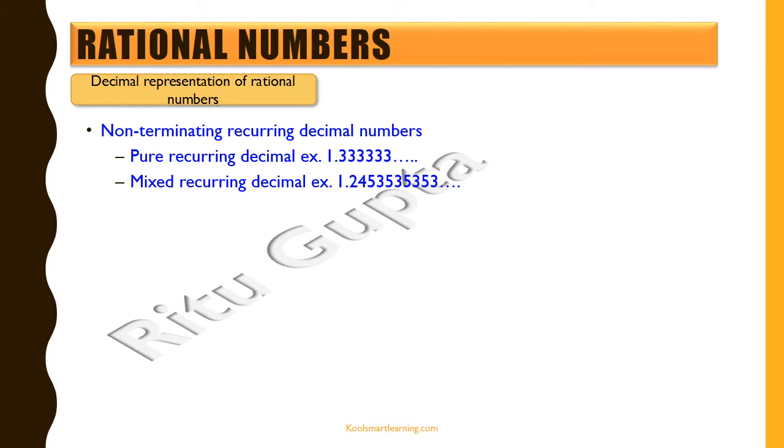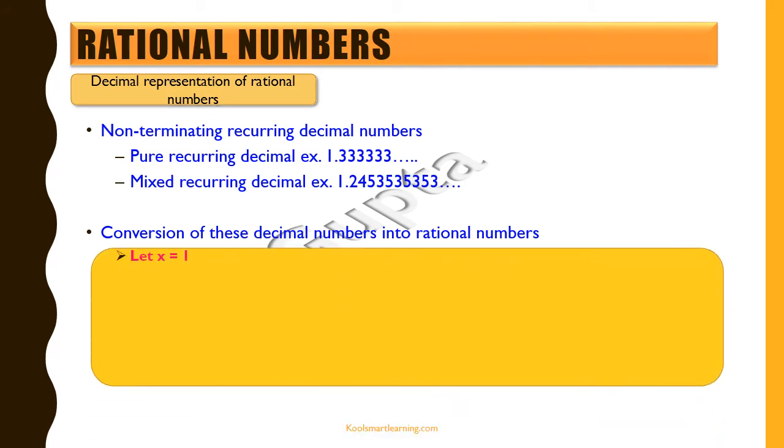Now let's try and understand why these two types of non-terminating recurring decimal numbers are also a part of the rational numbers. Let's try and understand how we convert these into the p by q form. First of all, let's define a variable x and make it equal to 1.3333.